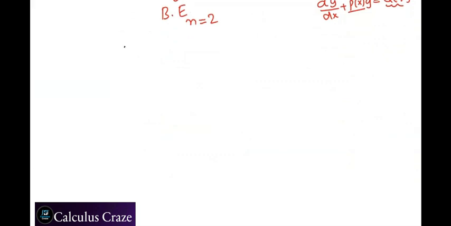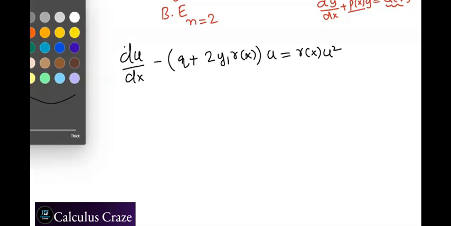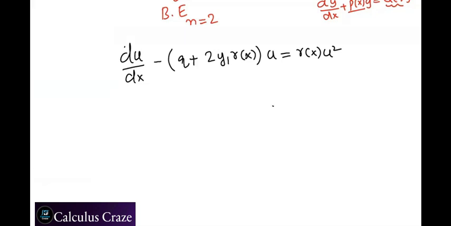So the equation that we are left with is the derivative of u with respect to x minus q plus 2y1 r of x times u equals r of x u squared, right? In the case of the Bernoulli equation, the supposition that we take is, since we have already used w, I will take another variable, w, which should be y to the power 1 minus n.